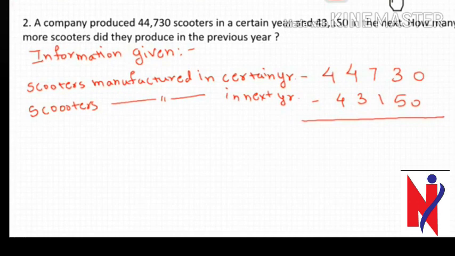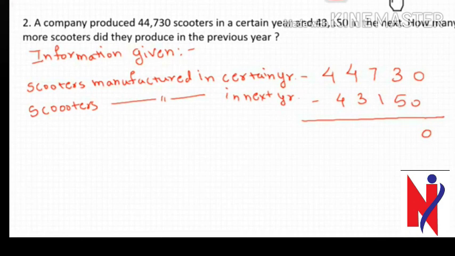So how many more scooter did they produce? What is the difference in the previous year? What is the difference between these scooters produced in both the years? So how many more scooter did they produce in previous year?